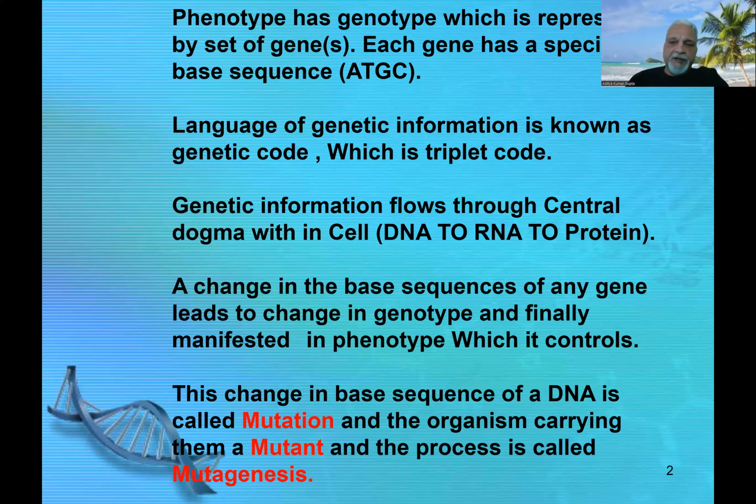So I will touch upon that part later in the subsequent videos. But today, I'm going to focus very specifically on making you understand what this process of mutation is, how many types of mutations there are, and then what is the chemistry of the mutations. Okay.